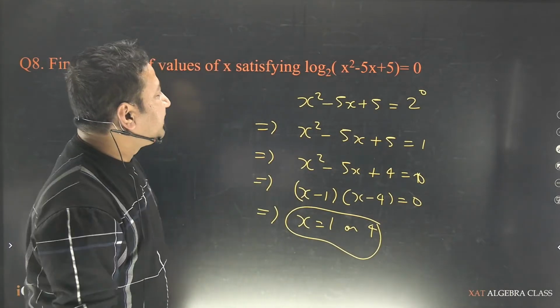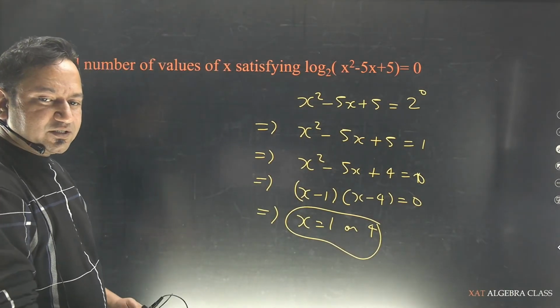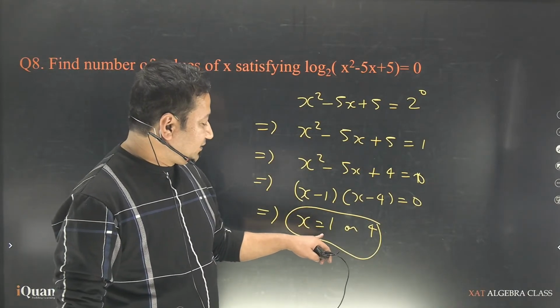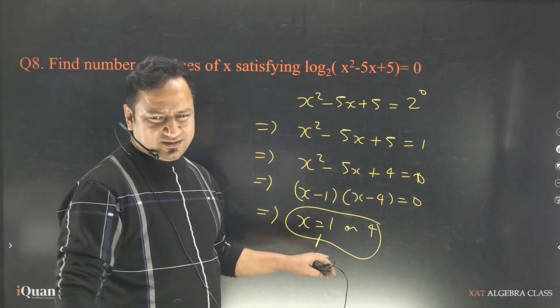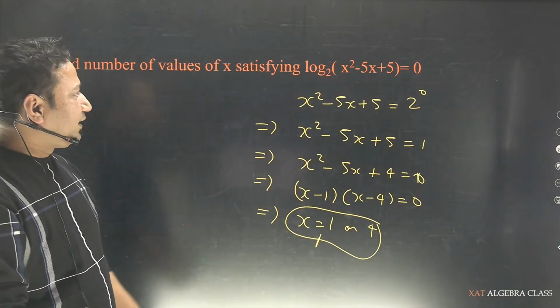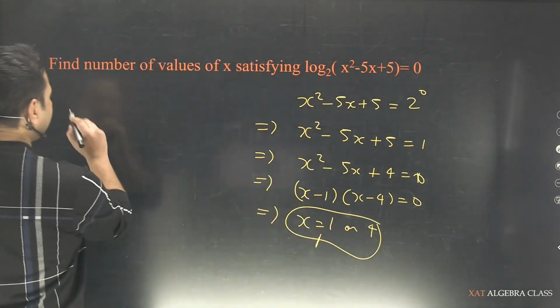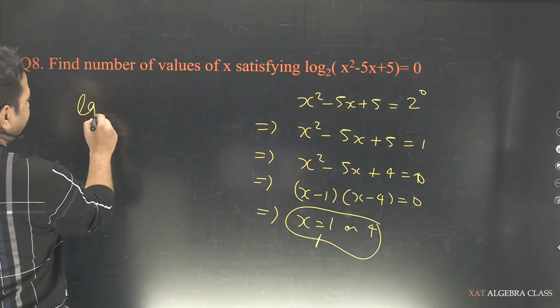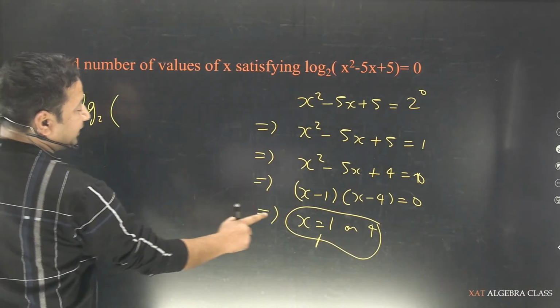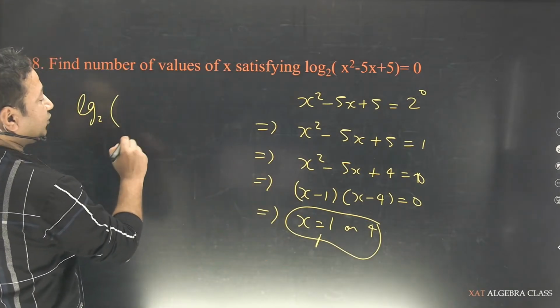We cannot say this. So those who have just answered after this, their answer is correct over here, the answer is 2 only, but we need to put the values over here. We'll just check them. Base is 2 and we'll check for x as 1 and also for x as 4.